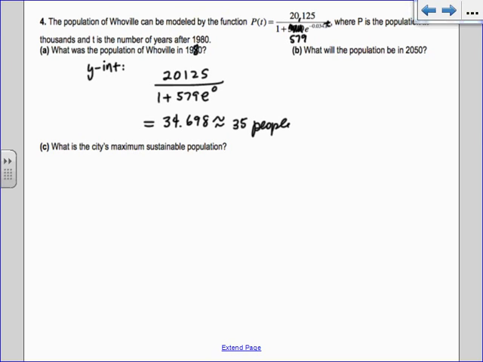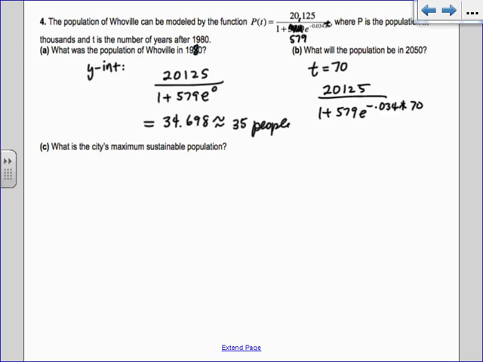All right, what will the population be in 2050? So how many years after? 70, right? So we'll do this really quickly. 1 plus 579 e to the negative 0.034 times 70.